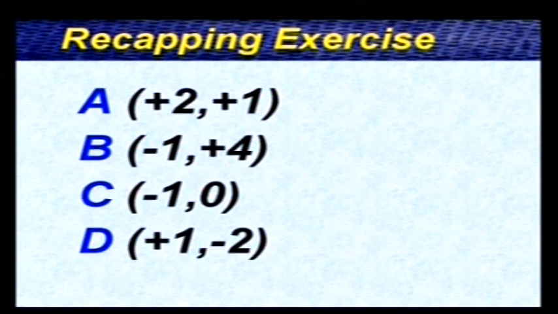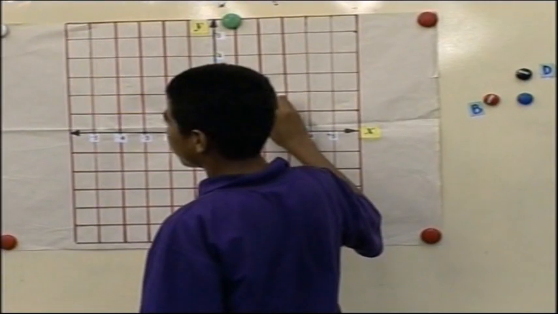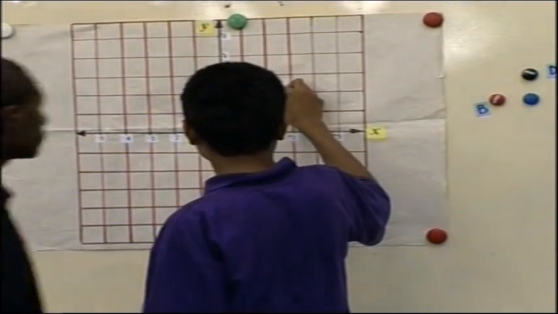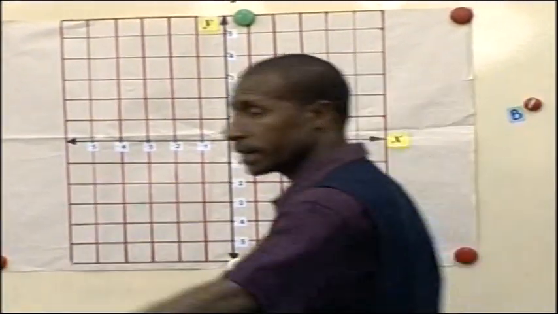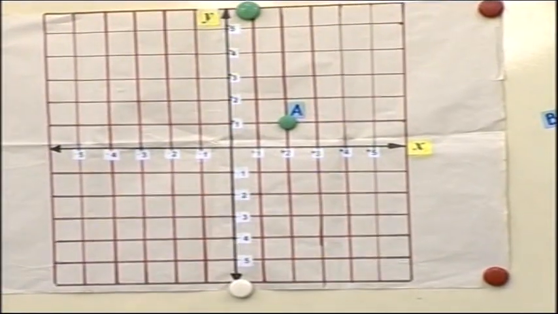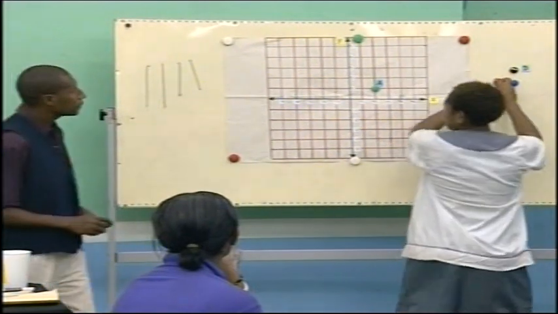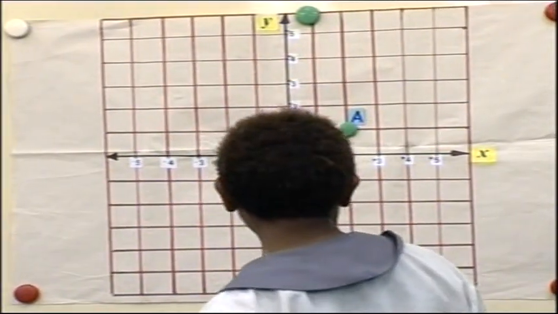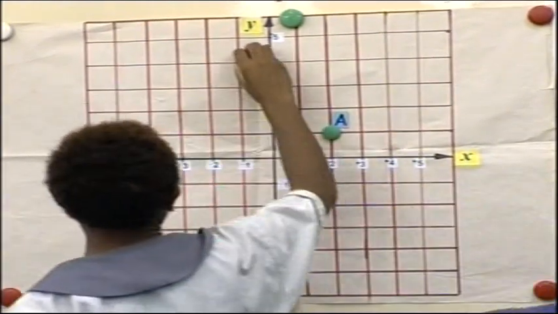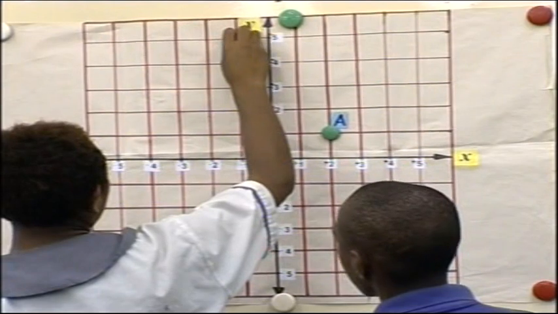Jubilee, plot the coordinate A. Okay. Let's have Evelyn for B and Joshua for C. B, -1 and +4.